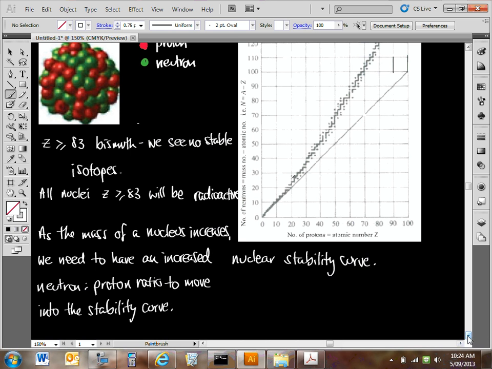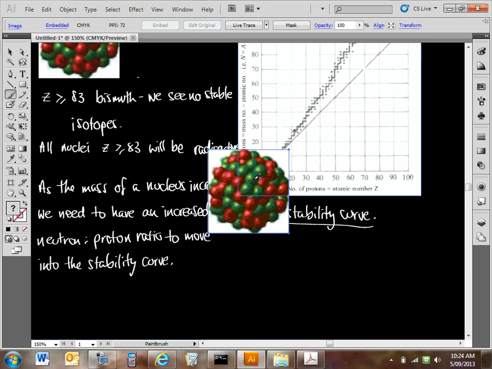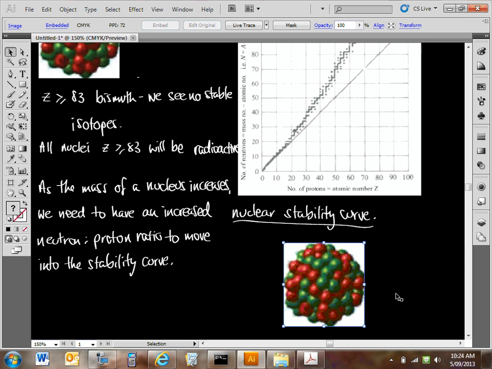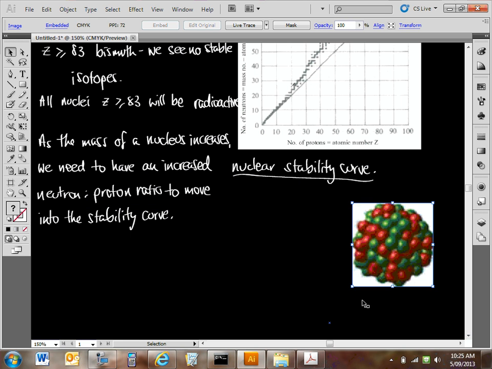Why does this happen? Somebody mentioned the strong force. The short range strong force. Here's our nucleus again. We know that the strong force is very short range.